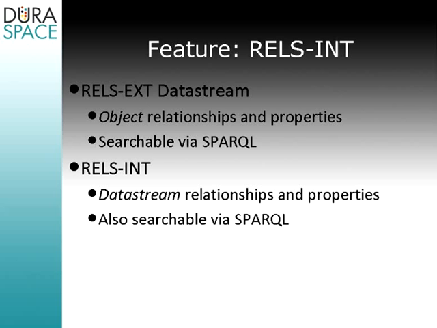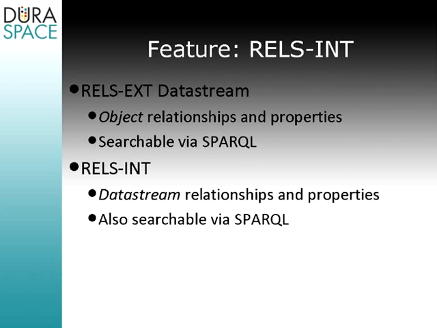For those who aren't maybe as familiar with Fedora from previous releases, the basic Fedora abstractions, or the things that the repository stores, are digital objects, which are kind of like a directory of files, and the things within them, which we call data streams, but they're essentially files.